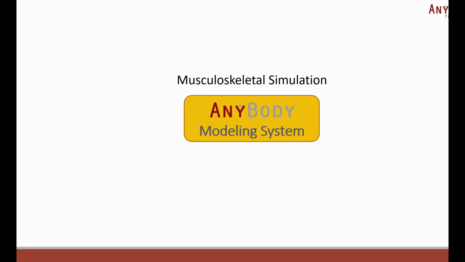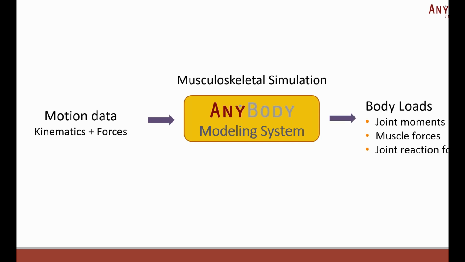The antibody modeling system is a software that allows you to do a musculoskeletal simulation. And what is a musculoskeletal simulation? This is a simulation of the human body, which is subjected to some motion and some external forces. For example, this is a motion that is recorded using some motion capture systems, and force plate data is also given, and we apply it as external forces.